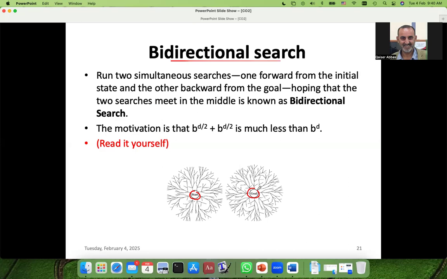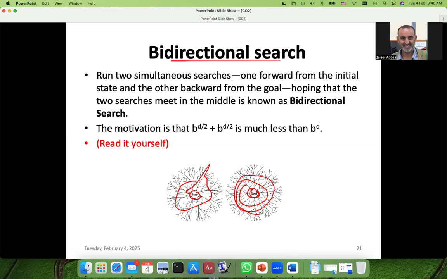Your algorithm will start from the root node and go in any direction in the state space. And the search will start from the goal node back towards the initial node, in any direction.